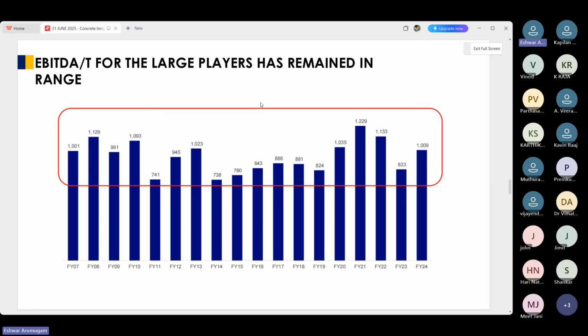Now, if a company such as Ultratech or Adani does cost cutting of about 200 to 300 rupees, that is an instant increase in EBITDA per ton of 200 to 300 rupees. And couple that with the increase in realizations, it might even go higher. So this is the outlook for the medium term.